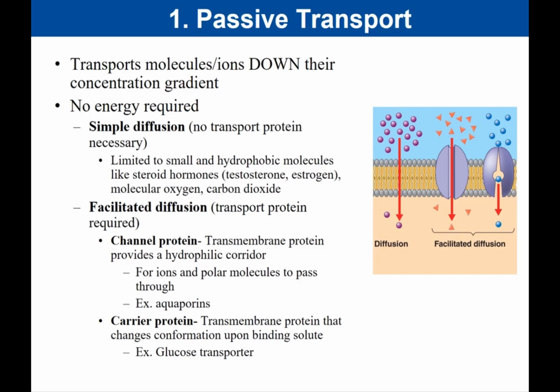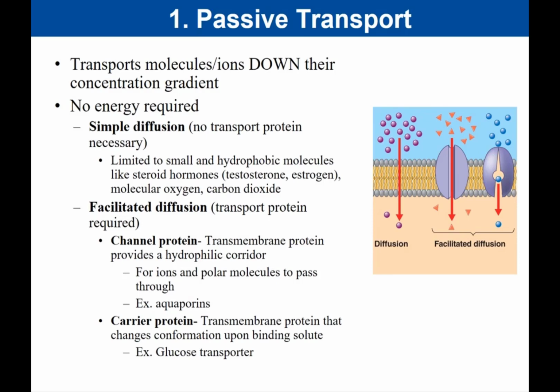And there are 2 main types of passive transport. The first is going to be simple diffusion. And in simple diffusion, no transport protein is necessary. This is used for things that can cross the plasma membrane on their own. And remember that we said that the things that can cross the membrane on their own without the help of a transporter are going to be things that are small, hydrophobic, and nonpolar.